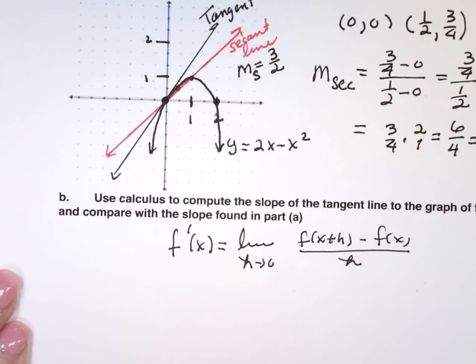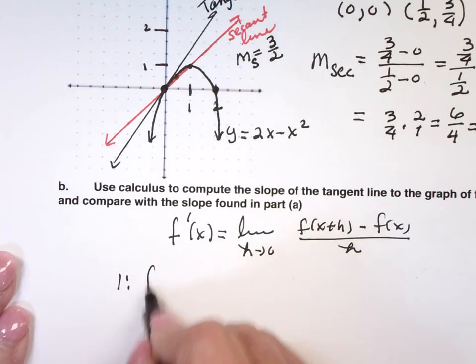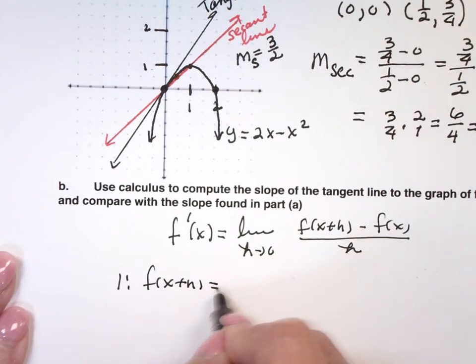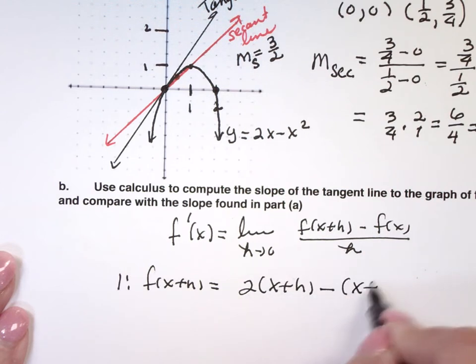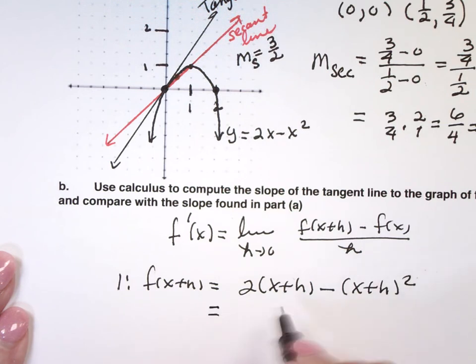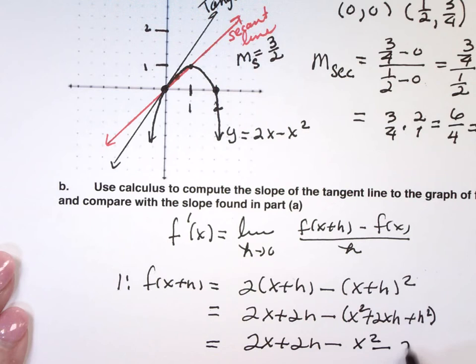Fortunately, this is less complicated. Still icky. So f of x plus h is 2 times (x plus h) minus (x plus h) squared, which is 2x plus 2h minus, and (x plus h) squared is x squared plus 2xh plus h squared, which is 2x plus 2h minus x squared minus 2xh minus h squared.